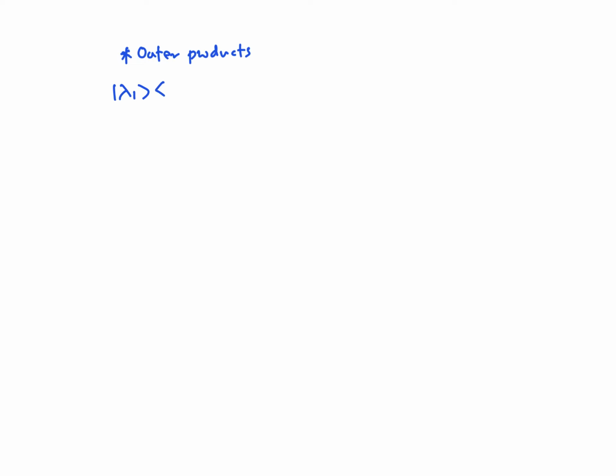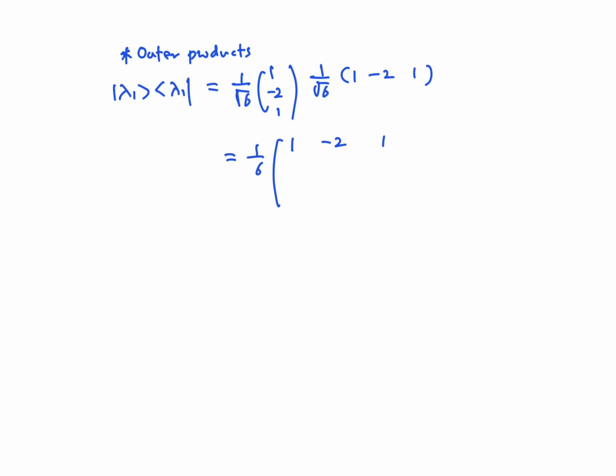Lambda 1, lambda 1, which is 1 over square root of 6, (1, minus 2, 1), times itself, so 1 over 6, (1, minus 2, 1; minus 2, 4, minus 2; 1, minus 2, 1).